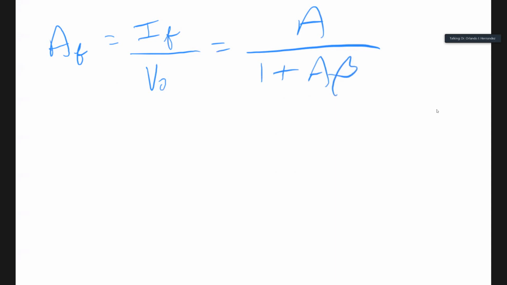And if you go with using the numbers that they gave us, you get 0.53 kilo ohms.